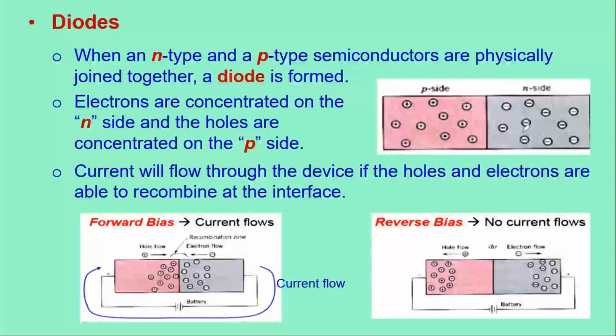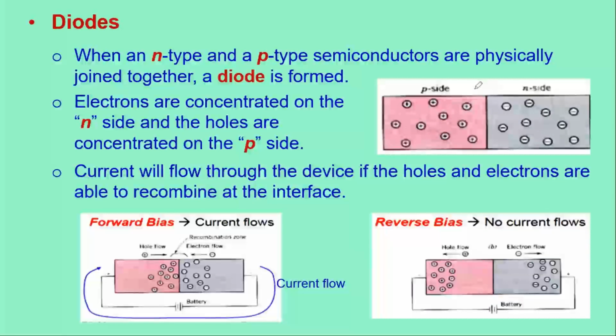One side you dope with group 3, the other side you dope with group 5, and then there's that diffusion which occurs, and we have a device where a junction forms. The electrons are concentrated on the N side, and the holes are concentrated on the P side.